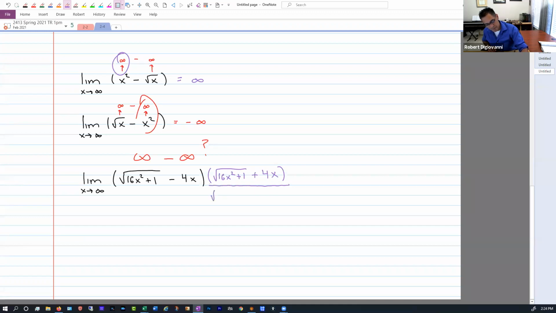So I have to realize I'm looking at a fraction here, and I treat this as being over 1. Now that's pretty unnatural, isn't it? To just do that out of nowhere like that. But let's see what it gets us.